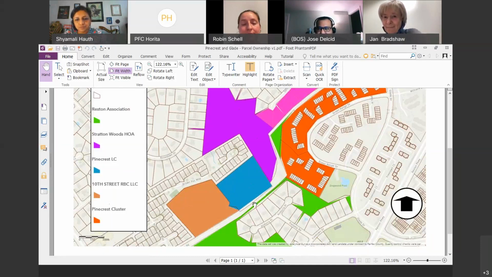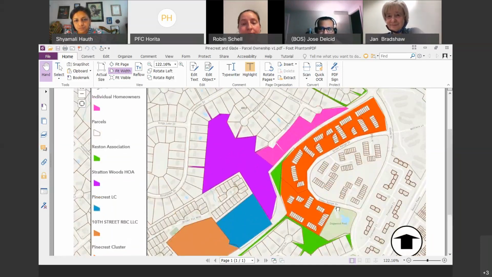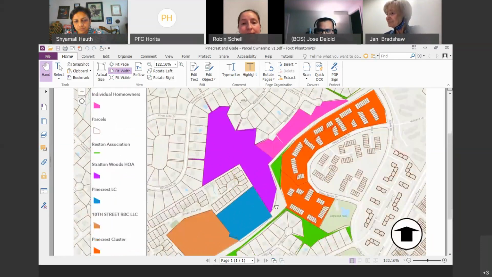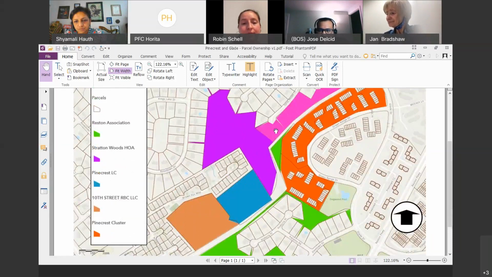This is helpful to understand that there are multiple stakeholders here, and I know our group has a lot of them involved already, but this is more just to orient where some of these discussions would have to happen.